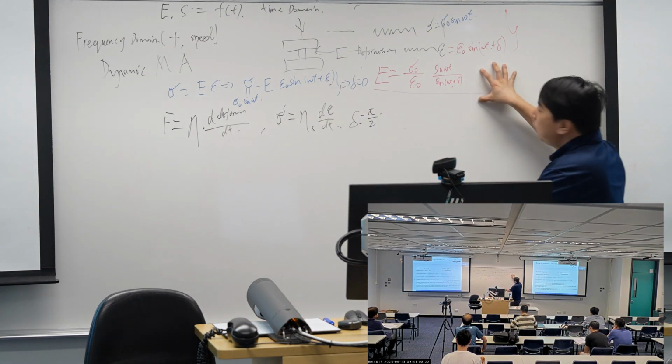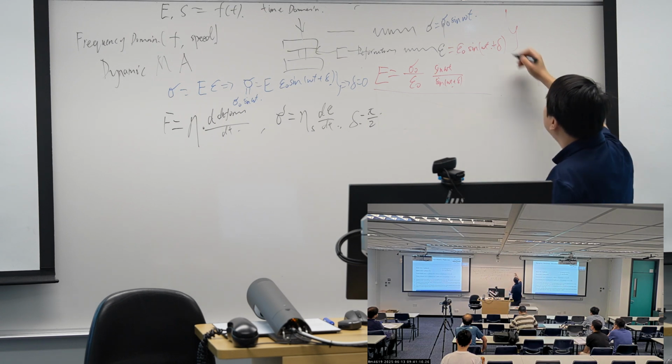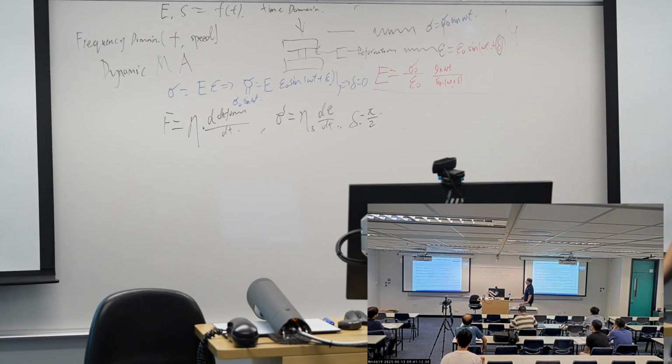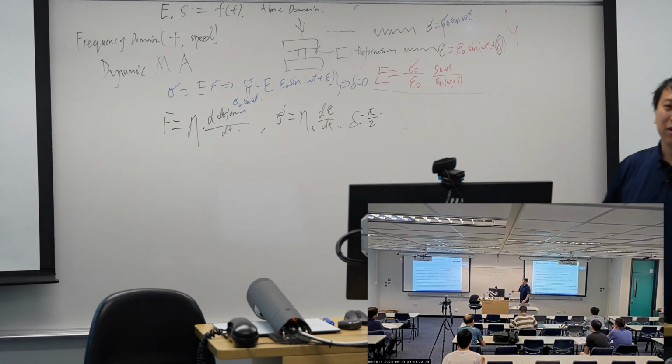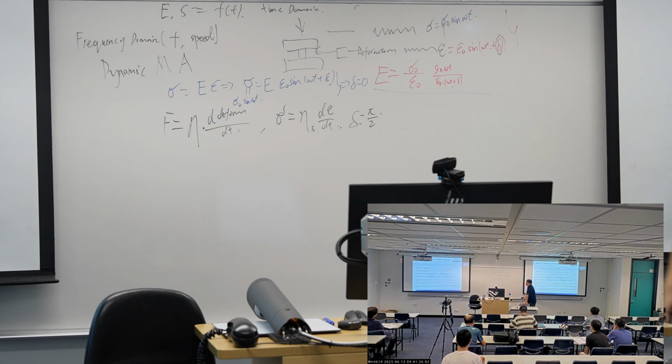If we can measure the delta, we may be able to describe how viscous this material is. If the delta is close to 0, it means we are measuring something like a pure elastic. If we get the delta close to 90 degrees, we say the material is like a fluid. It shows viscosity as a main component.